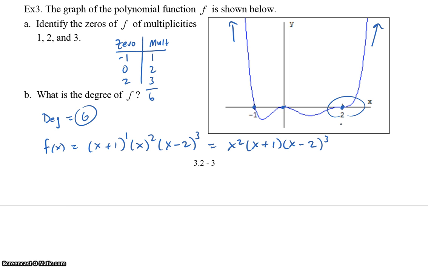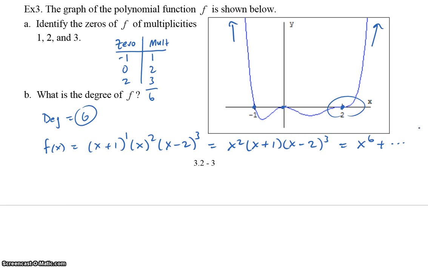And another thing we could mention here is if we were to multiply this all the way out so that it's no longer in factored form, now that would be a tedious process, but it could be done. What we're saying is that by looking at the multiplicities of the various zeros, we would know that the leading term should be x to the 6th, and then there would be other terms to follow that we can't determine just by looking at the factored form.